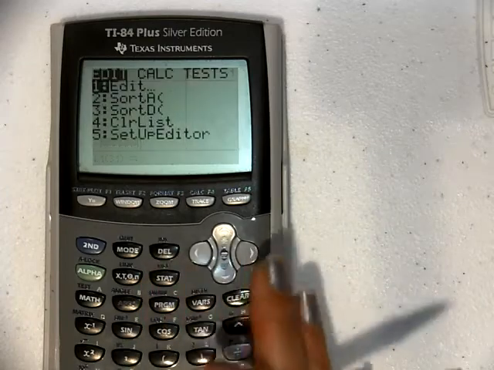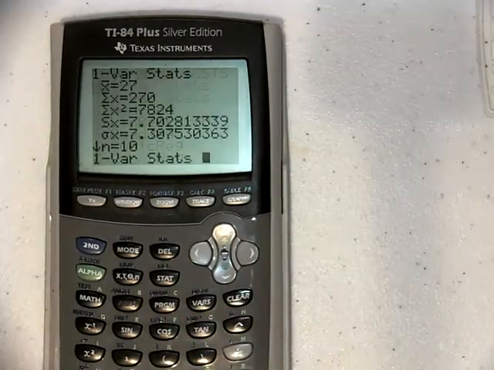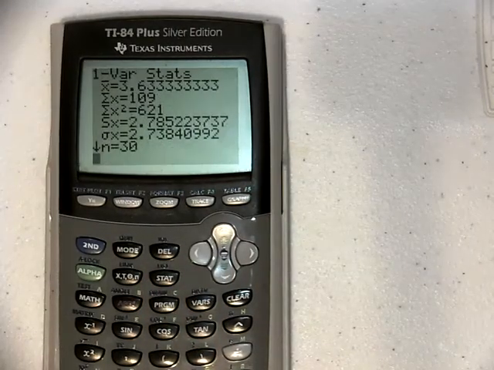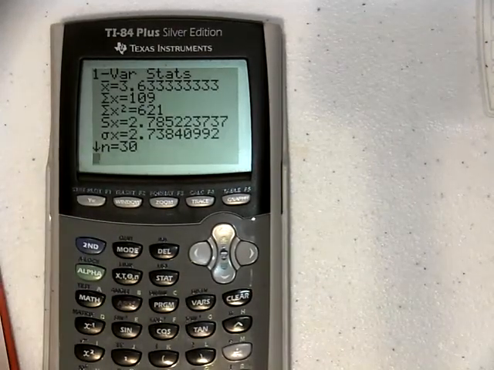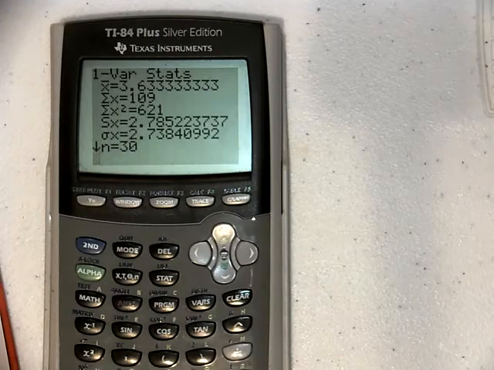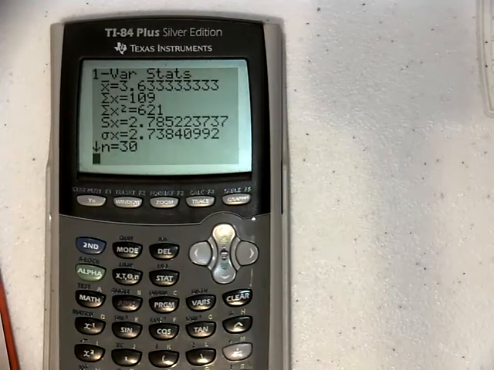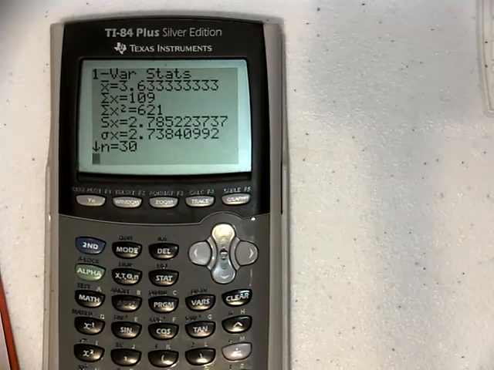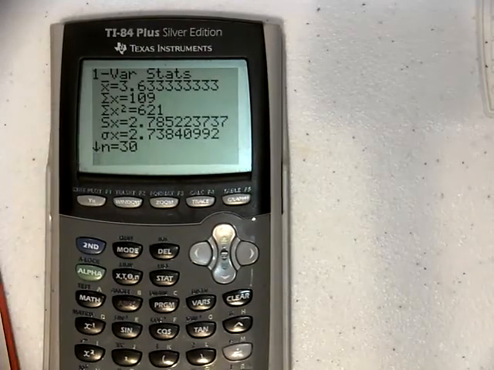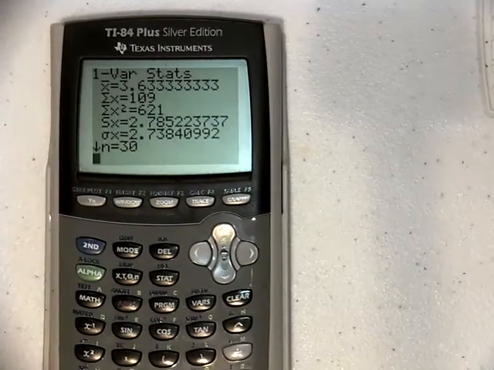Go to Stat, go over to Calc, number 1. So your mean, if we're rounding to the nearest hundredth, that's 2 decimal places, is about 3.63. And your standard deviation, which we know is the symbol S, is about 2.79.